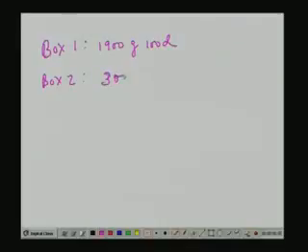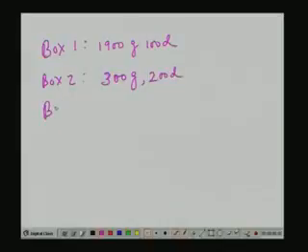We said that there are 4 boxes. Box 1 consists of 2000 items, out of which 1900 items were good and 100 were defective. Box 2 had 300 good items, 200 defective items.